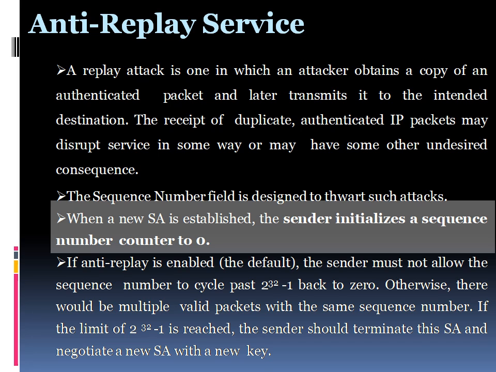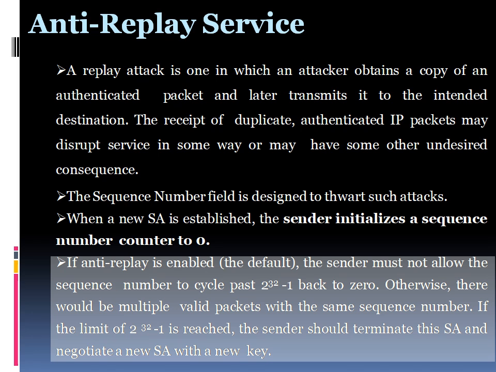When a new SA, or security association, is established, the sender initializes a sequence number counter to 0. Each time a packet is sent on this SA, the sender increments the counter and places the value in the sequence number field. Thus, the first value to be used is 1.